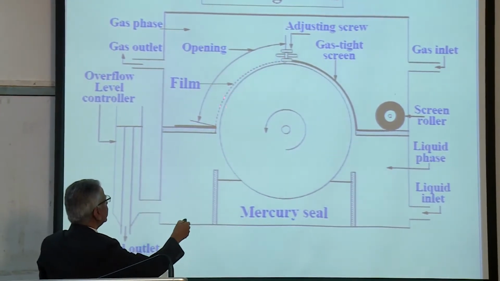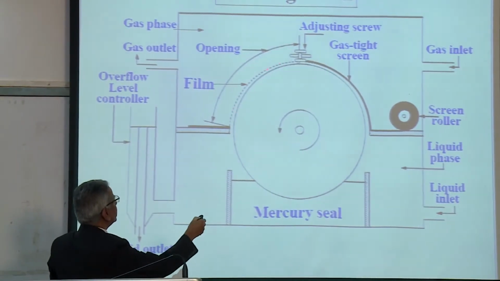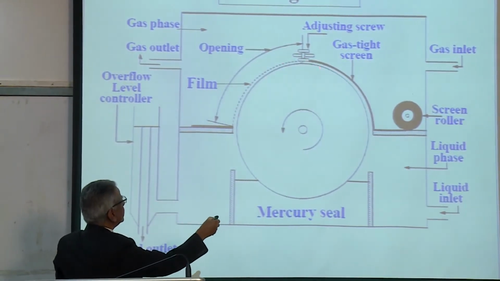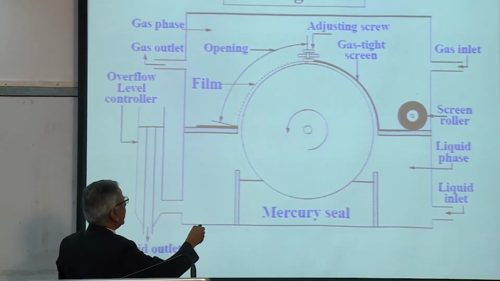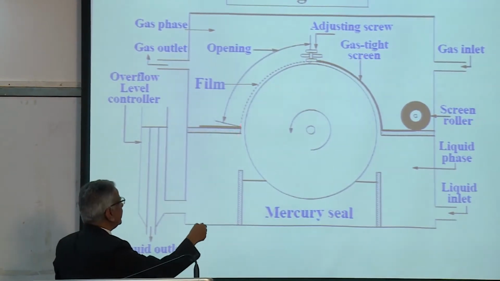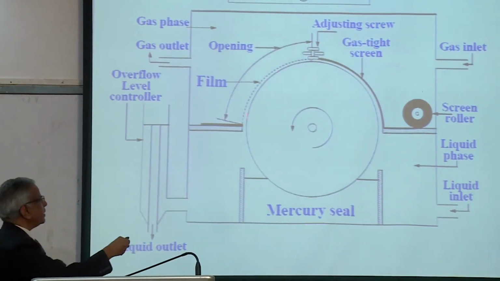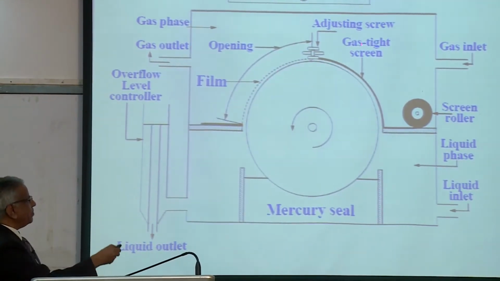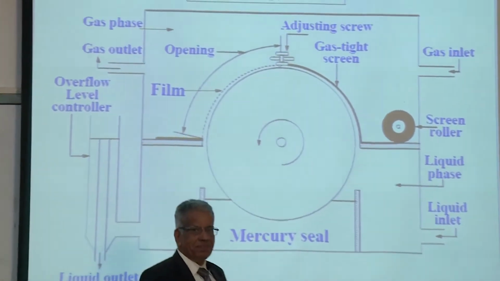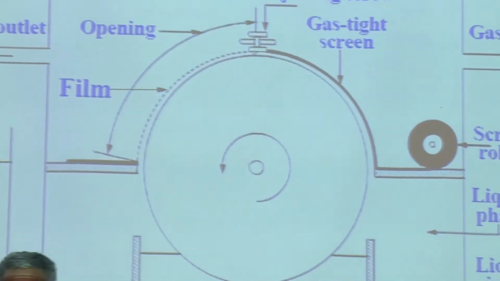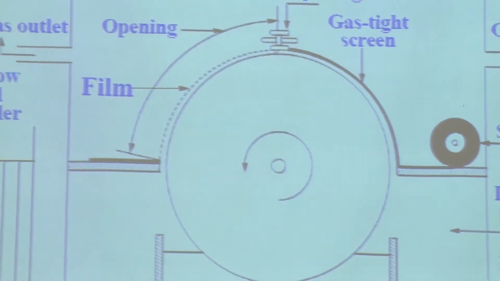As it rotates, it catches the liquid film, but on this side there is a cover and there is no gas liquid contact. So, the length of this arc multiplied by the length of the cylinder is the interfacial area, which is known, and KL can be varied by changing the rotational speed of the drum. Right. So, this is another model contactor called rotating drum.